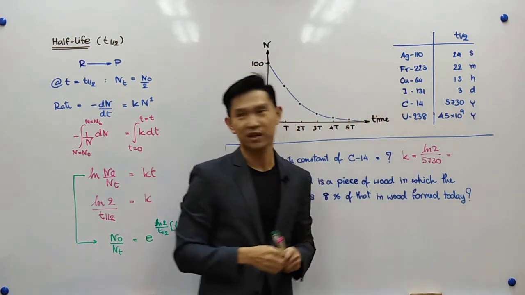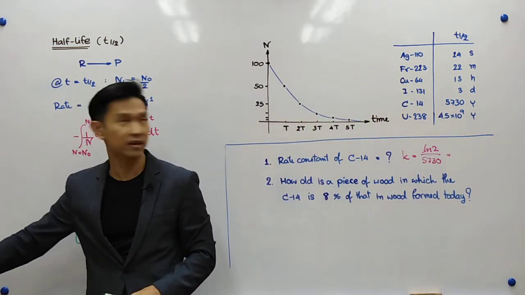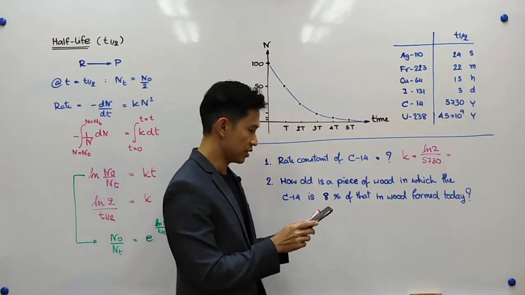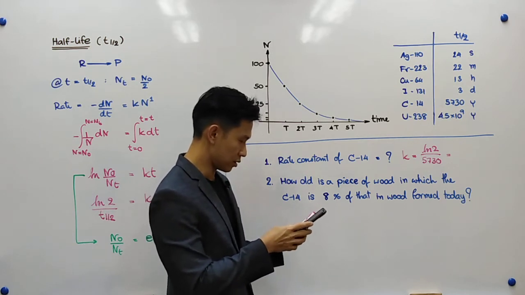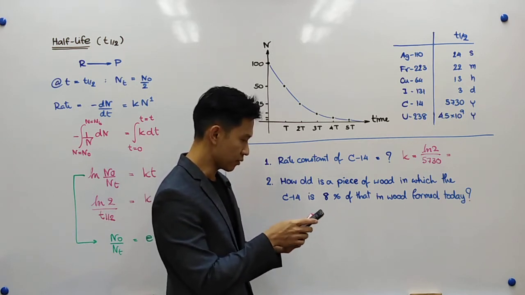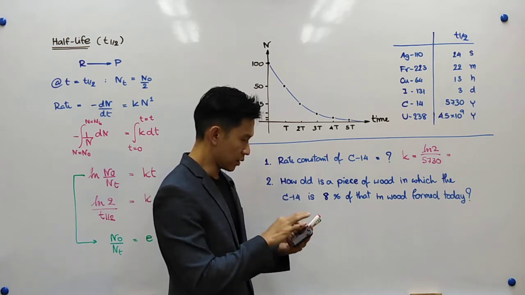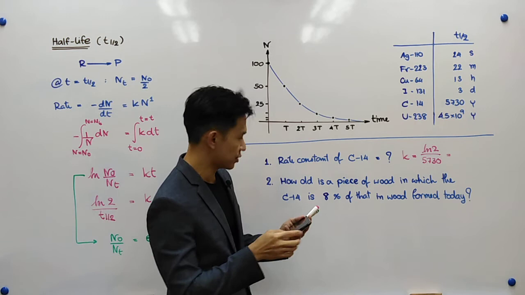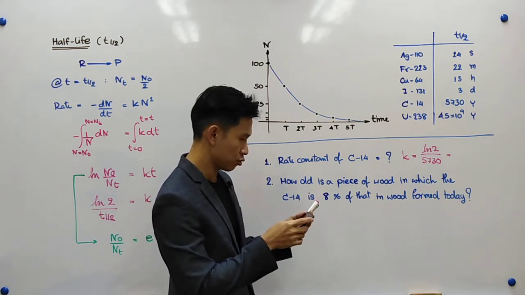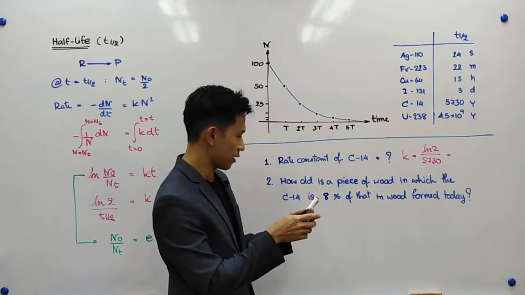So now we can find the K, which is equal to, let me use my calculator. It is Ln2 divided by 5730.